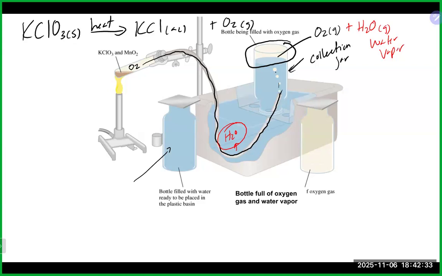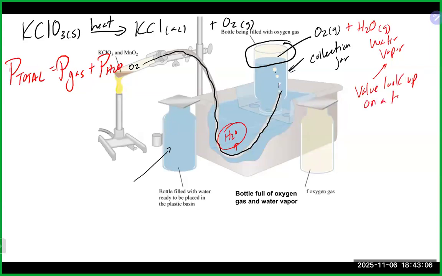You're not interested in the water because it's really just a result of how you collected it. The actual gas you're interested in is really a side sort of product. So instead of the total pressure, which is the barometer reading, equaling the pressure of the gas you're interested in, it is also a partial pressure situation where it will equal the gas you're interested in plus the vapor pressure of water.